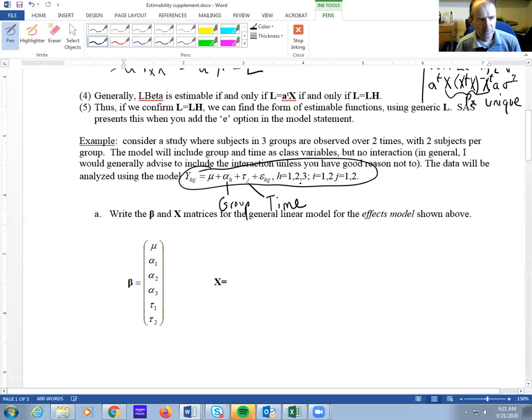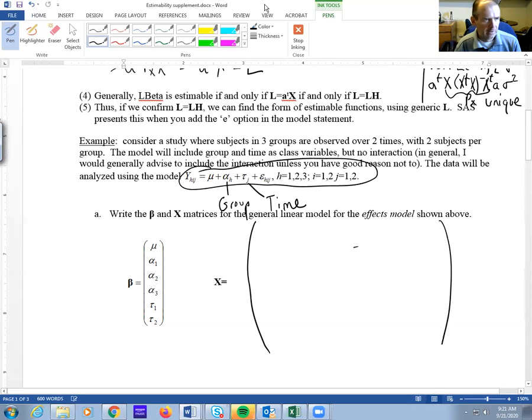So we have 3 groups, i equals 1, 2, 3, 2 subjects, and 2 times. And so our beta vector looks like this. There's 6 parameters in it. And X, if we were to write that out, the first column is going to be the intercept.